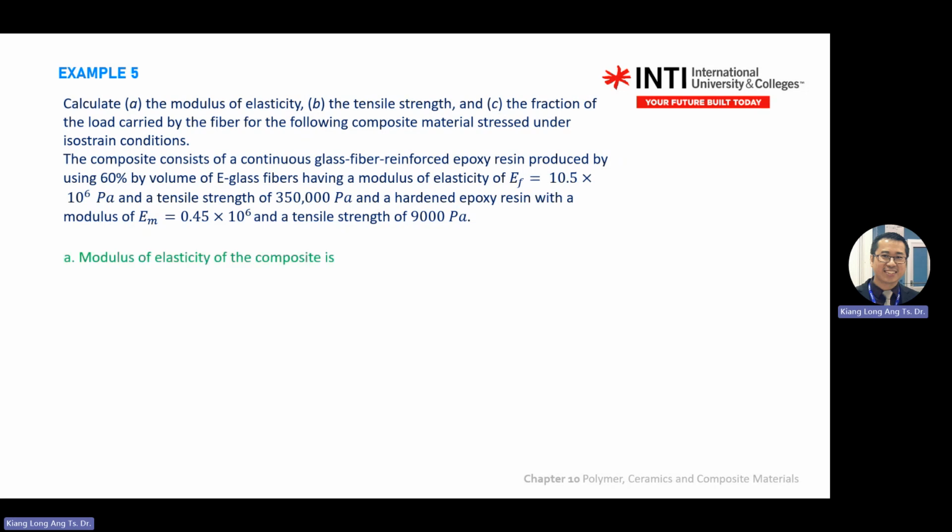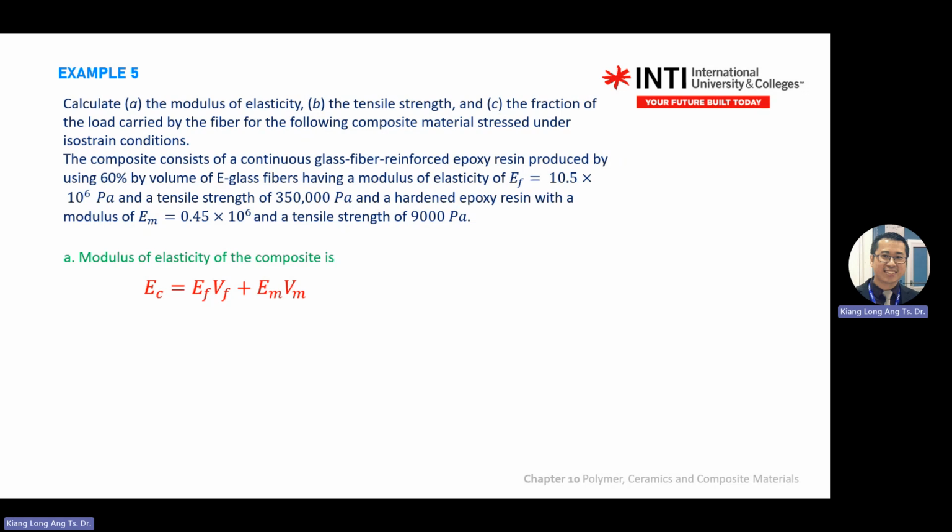Okay, first, modulus of elasticity for the composite. So you write this one. This is under isostrain. Under isostrain, you write EC equals EF VF plus EM VM. Okay, this one is under isostrain. Next lecture, we'll look at isostress. Don't confuse the equations.